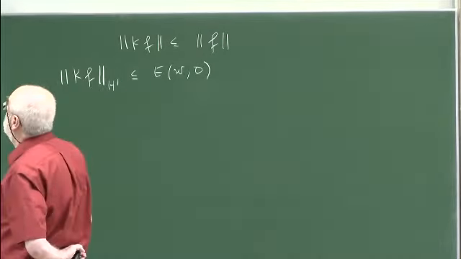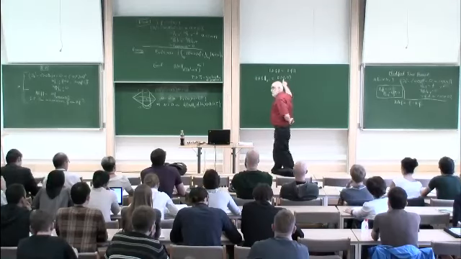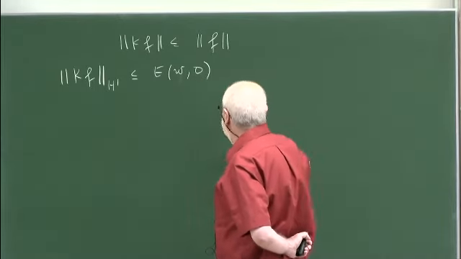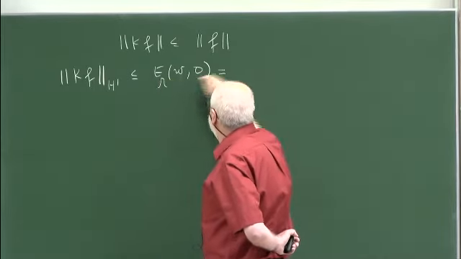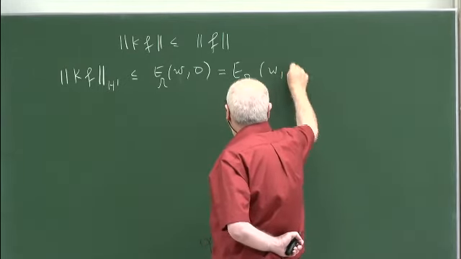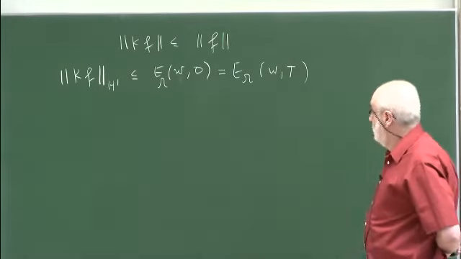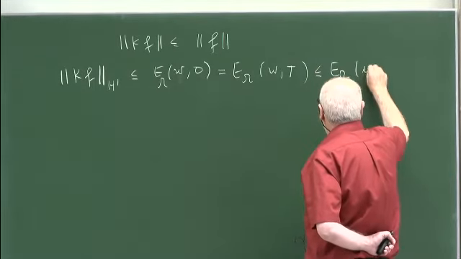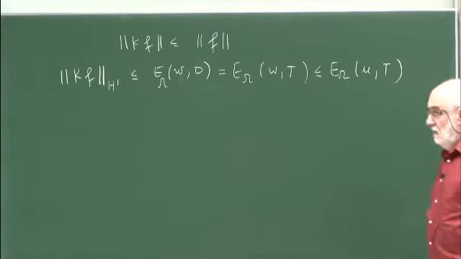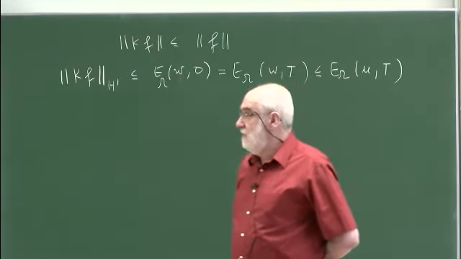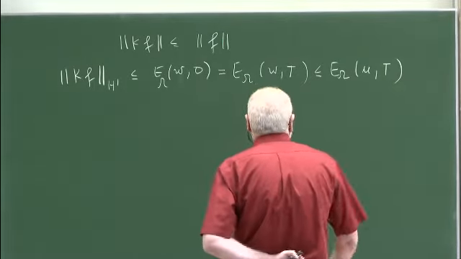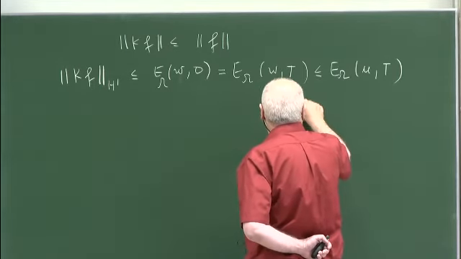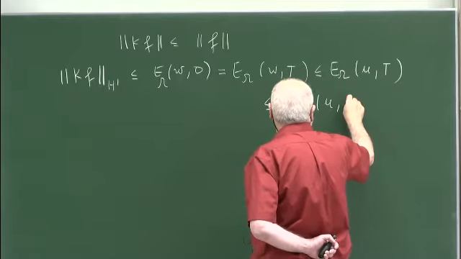Remember, K of f is w at 0, contains the L2 norm of the data, the L2 norm of the gradient. And this, by conservation of energy, is the same as this. And we proved yesterday that this is less or equal than the energy for U, for the U that is on the left blackboard, and this is less or equal than E of Rn, U at T.